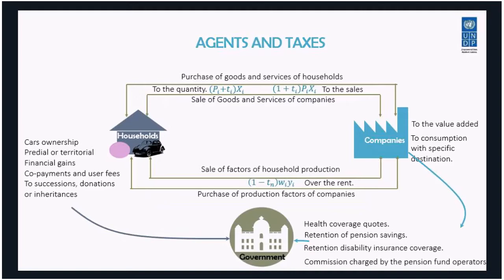It's the agent in charge of administering and charging those taxes in the two relationships, the top and the bottom of the scheme, and it is also the government who is in charge of administering those taxes and then returning them in the form of public services, transfers, infrastructure, transportation, etc., right?